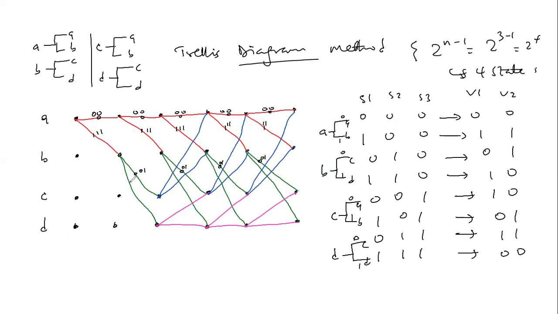Then when it emits a 1, then it is 1, 0. So here it emits a 1, and here, and here. That's from B to D. So that's 1, 0, for each of these.